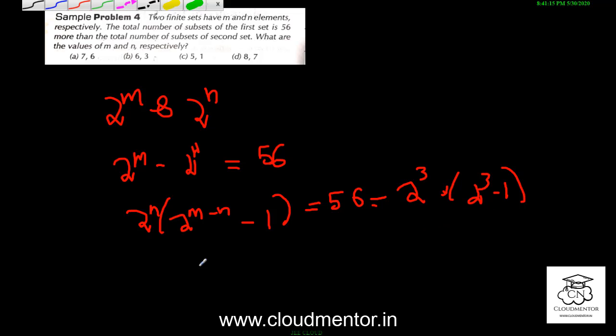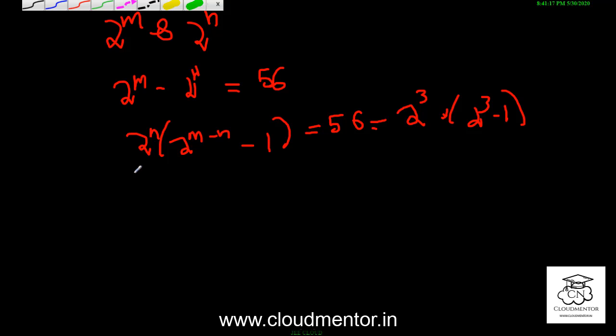Comparing both sides, 2 raised to n equals 2 raised to 3, and 2 raised to m minus n equals 2 raised to 3. So from here we get n equal to 3.